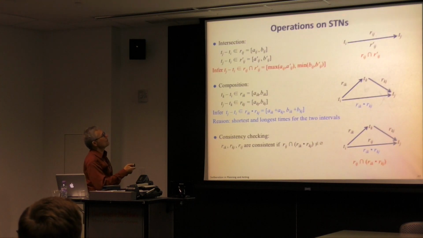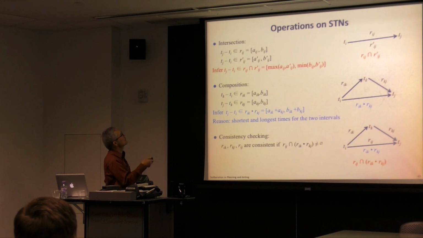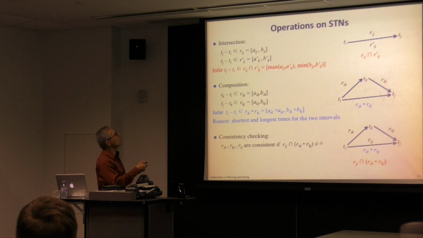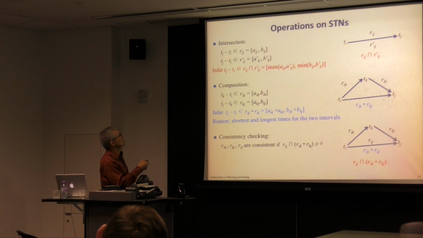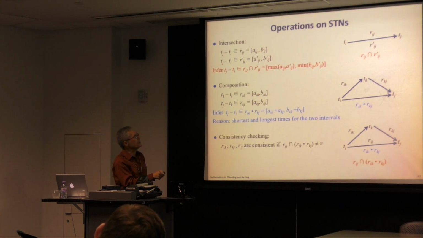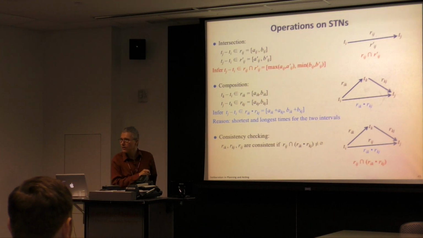So, operations that we can do on temporal networks. One is intersection. If you have two constraints on the same time points, one R_ij going from A_ij to B_ij, the other one R'_ij going from A'_ij to B'_ij, so we're saying that this thing has to satisfy both of those.